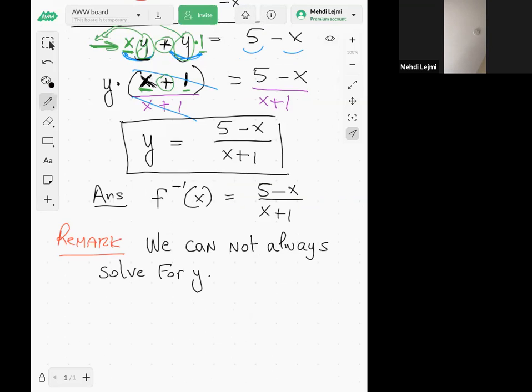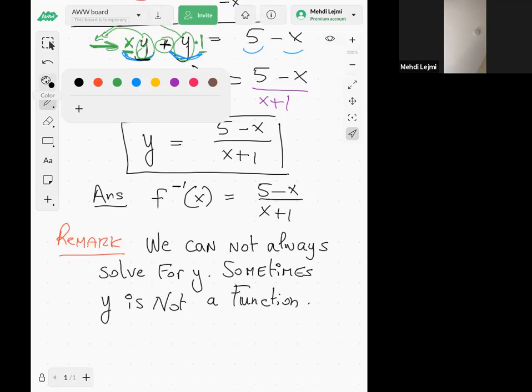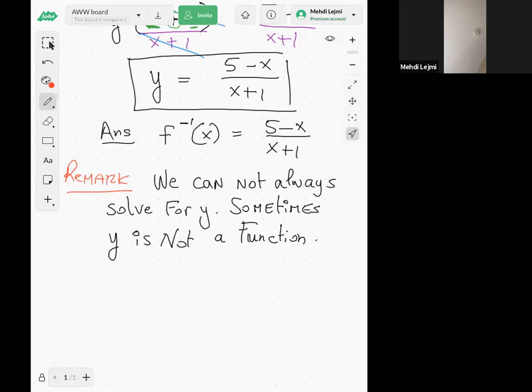Or sometimes y is not a function. For example, we have this example with x squared.